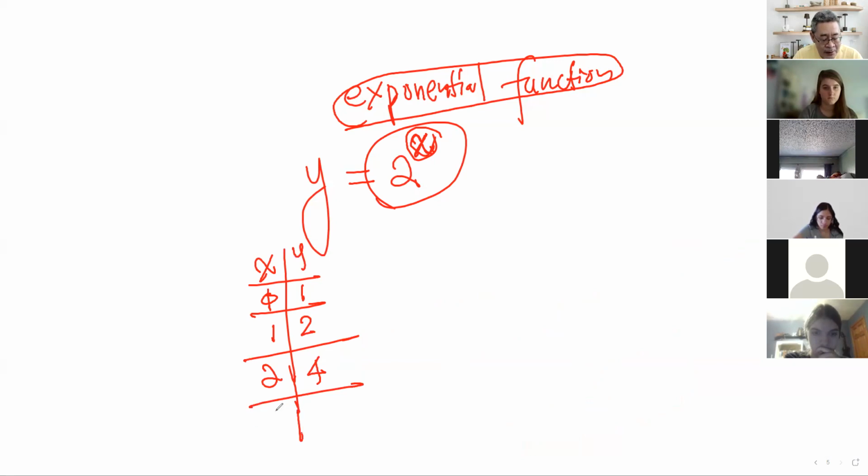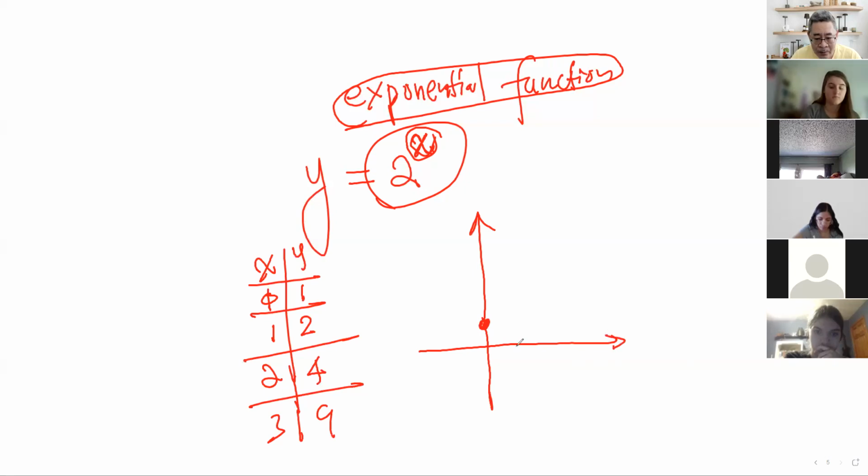When x is 3, y is 8. So when we're graphing it, at 1 we got 2, at 2 we got 4, and at 3 we got 8. So we got a curve like this.